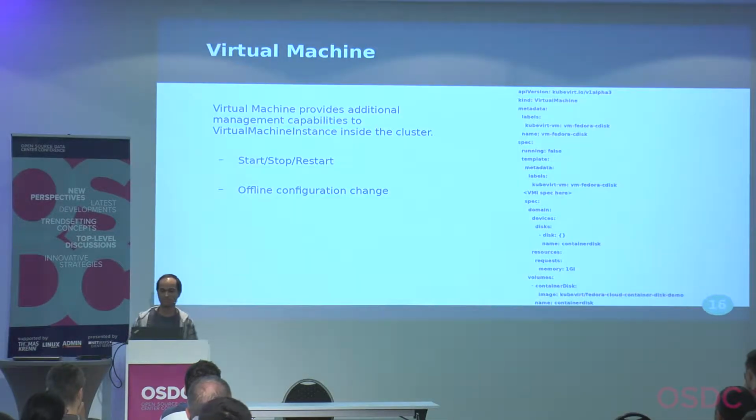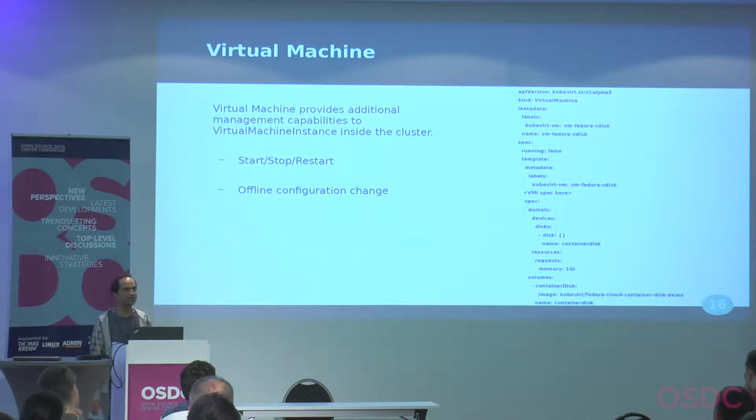Now let's look at the virtual machine object. Virtual machine provides additional management capabilities to VMI inside the cluster. It provides AVI stability. It also provides a way to do offline configuration changes and also manage the lifecycle of the virtual machines.